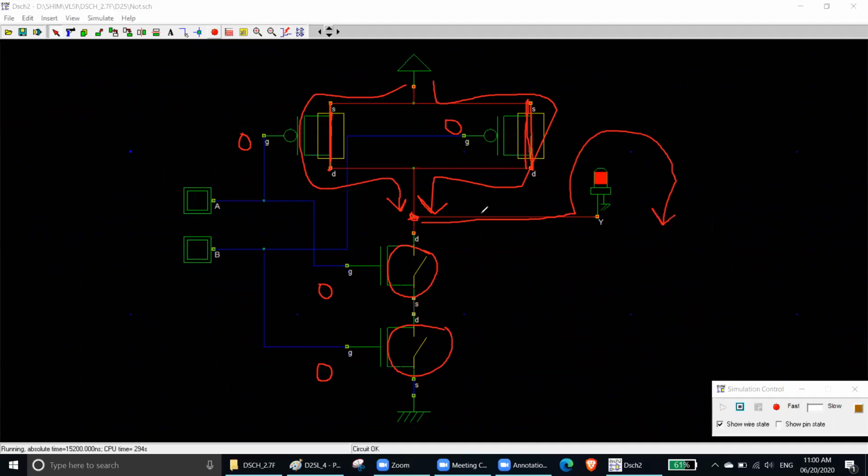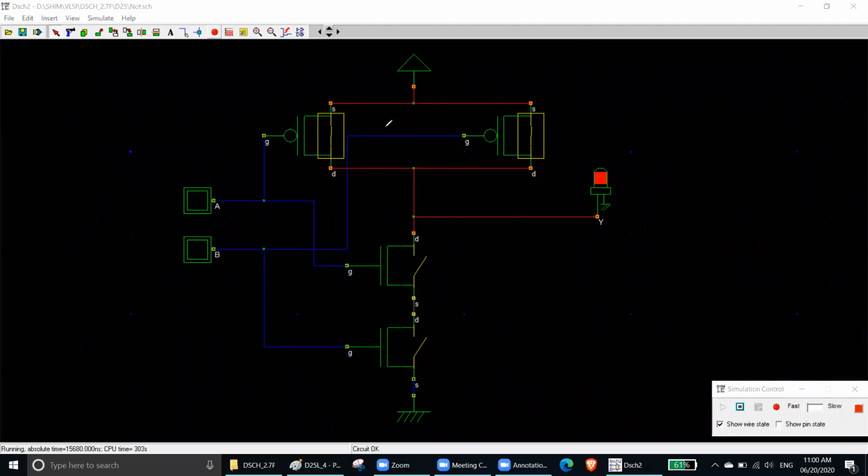When the current goes through the LED to the ground, the LED is on. Understand? That means when you have 0 0, PMOS are on, NMOS are off. So current can only come to the midpoint. After that, it cannot go to the ground because the paths are off. That time it will go through the LED and go to the ground.